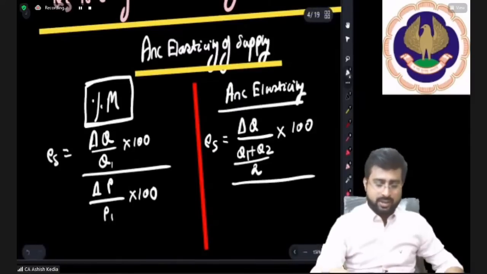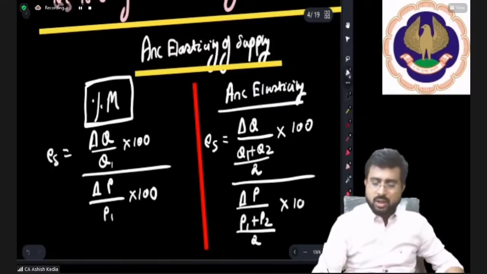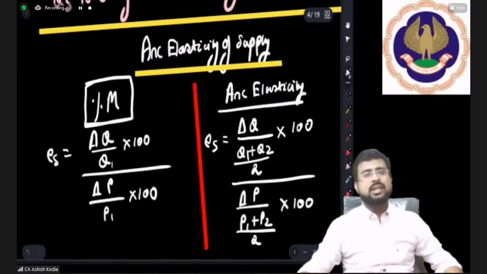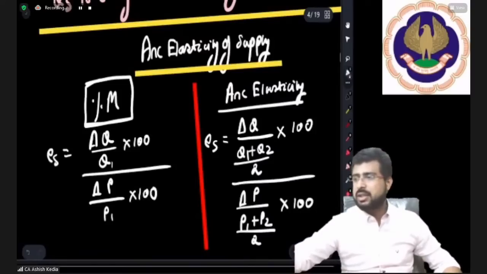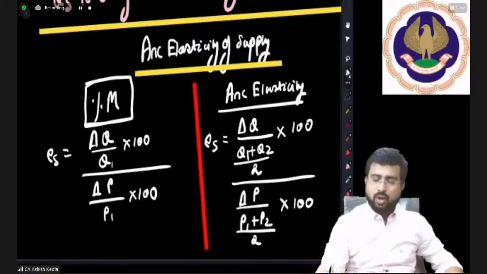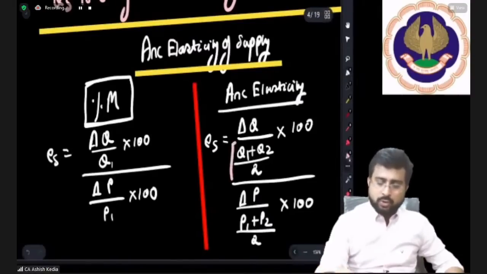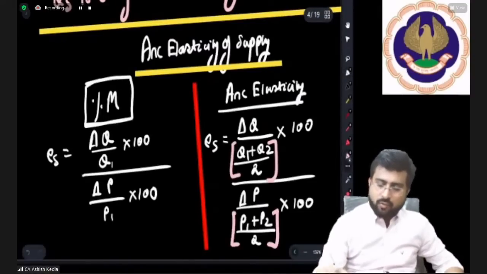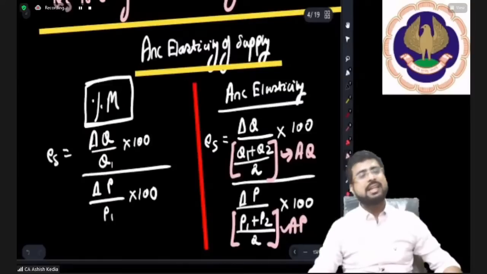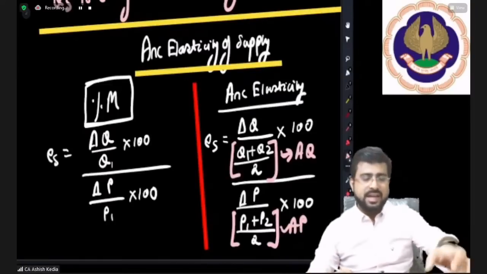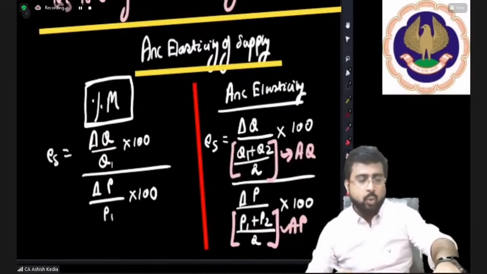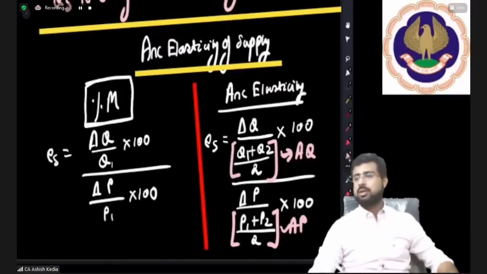Whole divided by change in price by average price into 100. So the only change is that instead of original quantity and original price, we are using average quantity and average price. That's the very little change I was explaining.